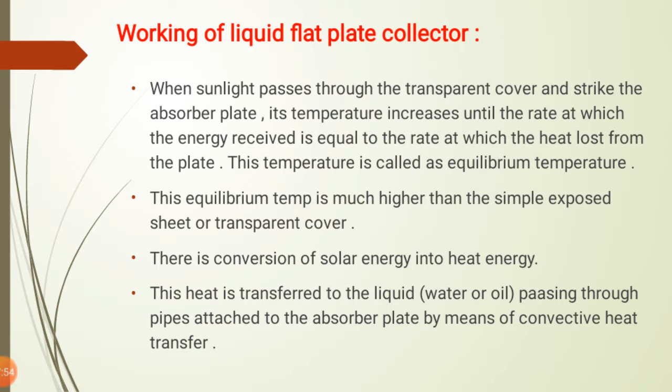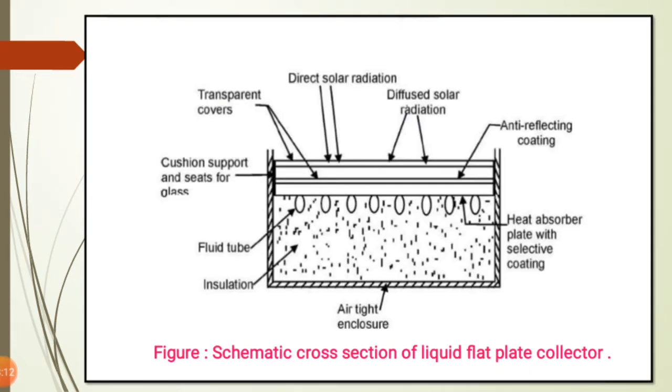Now let's see. When sunlight passes through the transparent cover and strikes the absorber plate, its temperature increases until the rate at which the energy is received is equal to the rate at which heat is lost from the plate. The solar radiation coming from the sun passes through the transparent cover first, and the transparent cover passes all these radiations.